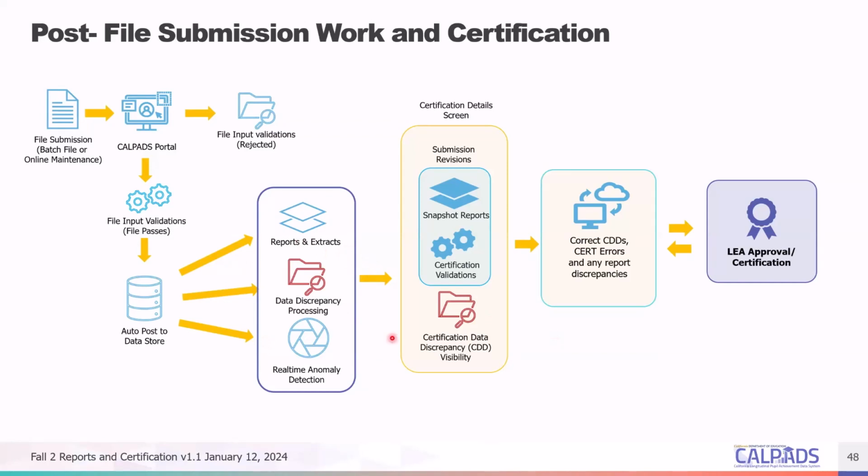So once you've corrected all of the DDs and reviewed your reports, you then correct CDDs and cert errors and any report discrepancies. Once those errors are corrected, and you've ascertained that the errors are cleared, as reflected by the Fall 2 zero fatal errors, and of course your reports are accurate, then you do your LEA approval or certification.